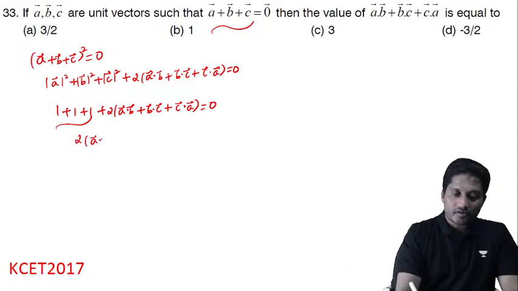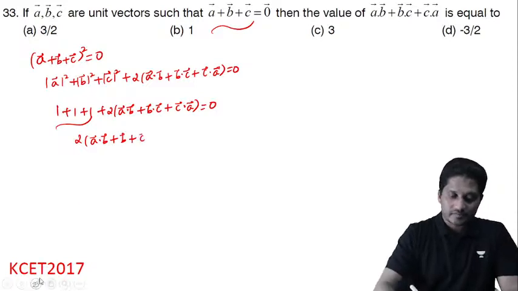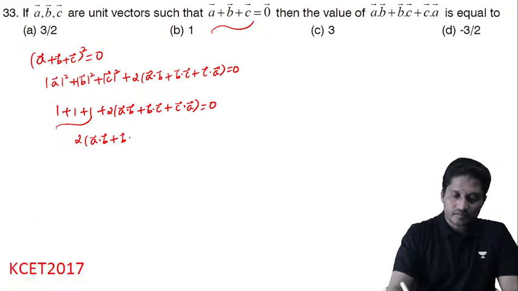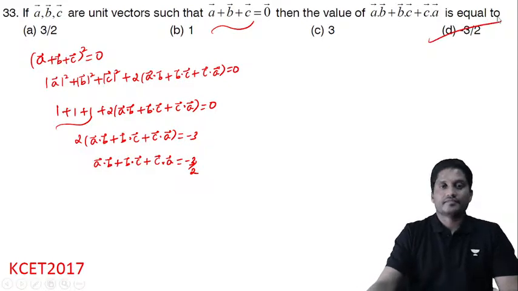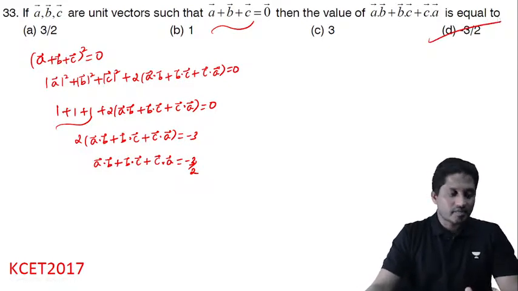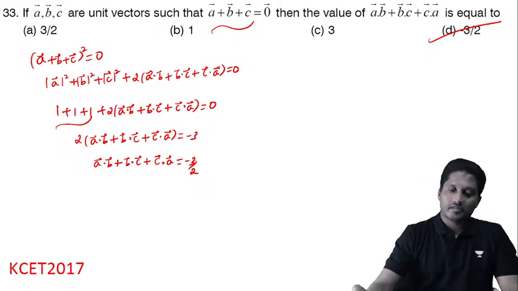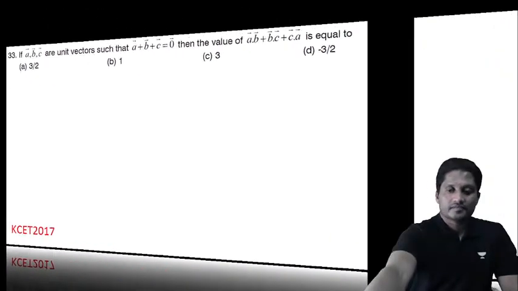It will be 2 times A dot B plus B dot C plus C dot A is equal to minus 3. From this I get A dot B plus B dot C plus C dot A is equal to minus 3 by 2. Answer is option D. If you shift plus 3 to the right side, it will be minus 3, so it should be minus 3 by 2 only. Let's move to the next question.